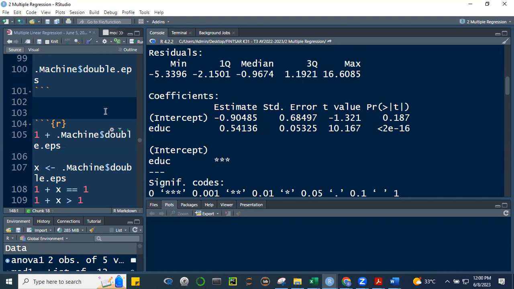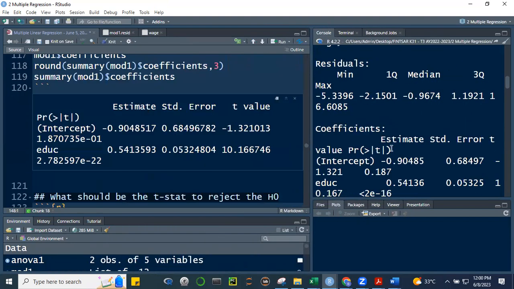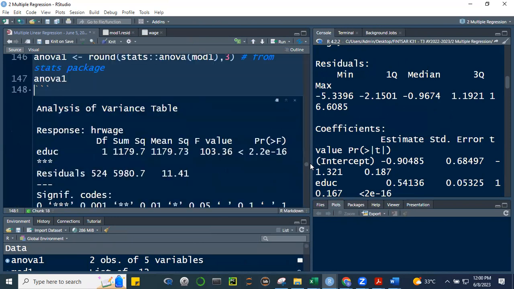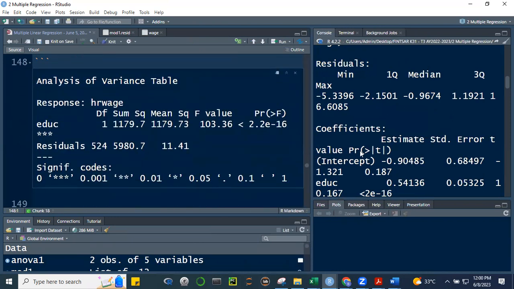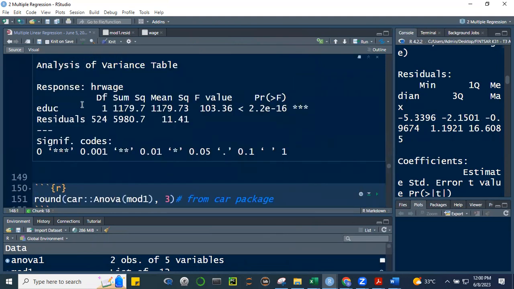So separate yung pag-test kay education, kay tenure, kay race. Now, dito sa ANOVA, overall goodness of fit test yan. So what will happen here? Ang null hypothesis natin dito, B1 is equal to B2 is equal to B3 is equal to 0.